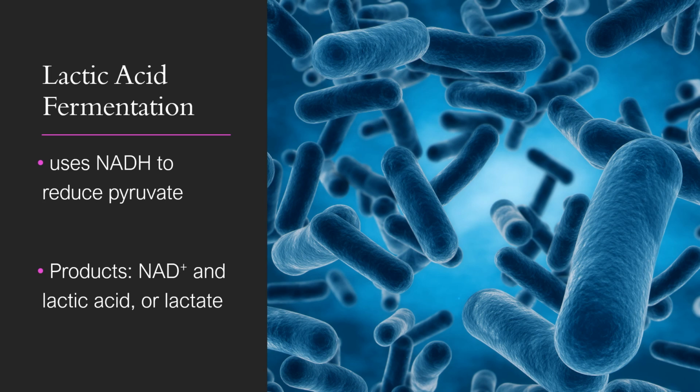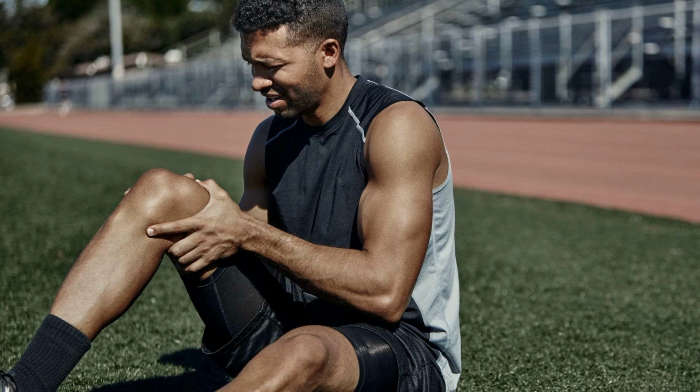Fermentation also occurs in human muscle cells. During vigorous exercise, muscles work so strenuously that they consume their available oxygen supply. In this oxygen debt condition, the muscle cells can acquire ATP only from glycolysis.